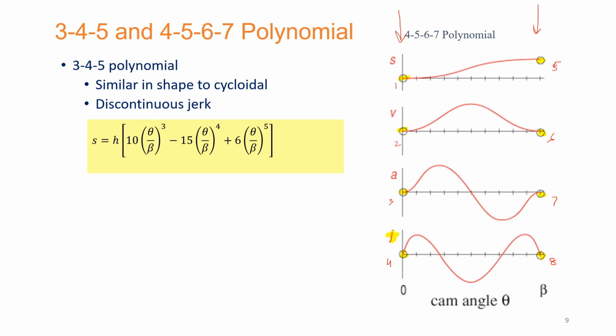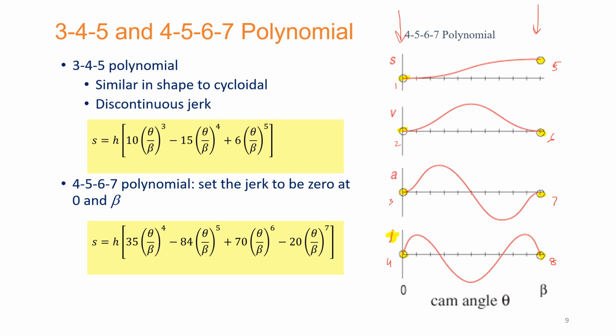And once we do that and follow the same procedure that we have followed over here to find the unknown coefficients for that, we are going to find out this as the expression for S. Now over here you can see something like this, that S is equal to h multiplied with this term, this, and this, and these correspond to order 4, 5, 6, and 7.